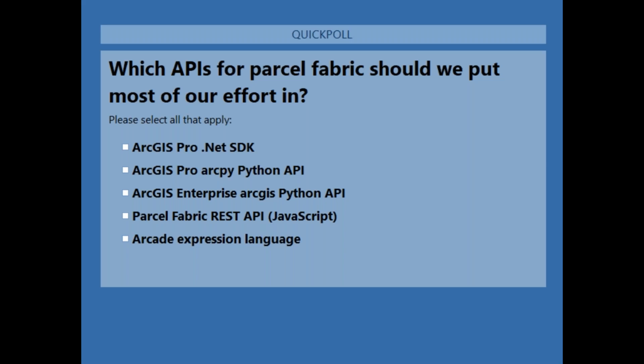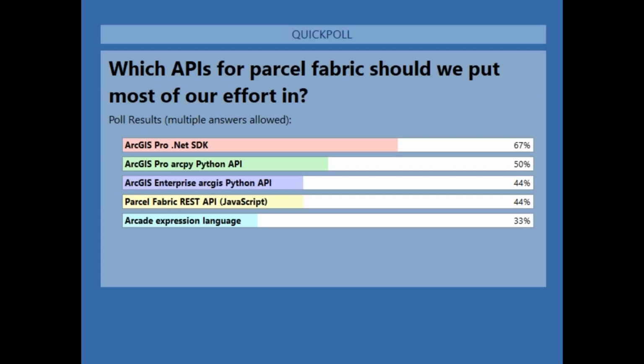Is it the REST API, JavaScript, or the Arcade expression language, which is not really an API, but is pretty powerful? So I think it's multiple answers here. You don't have to select one, you can select multiple. And I'll close it in 4, 3, 2, 1, and share the results with everybody.